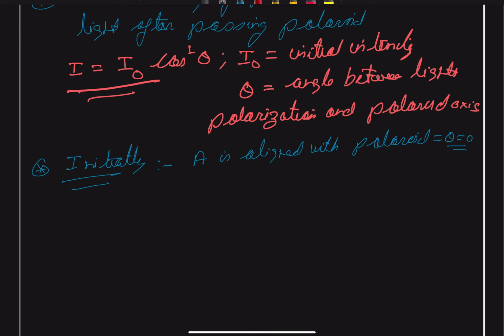Therefore we get the intensity, let us suppose that as our IA prime will be equal to IA and our IB prime will be equal to 0.